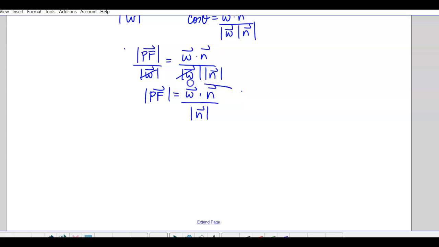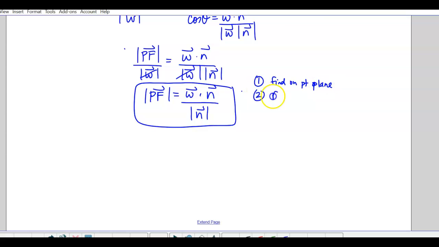So basically, from here, the first step, without showing all this work: find a point on the plane. Then find W, which is the vector from the point away from the plane to the point from number 1.